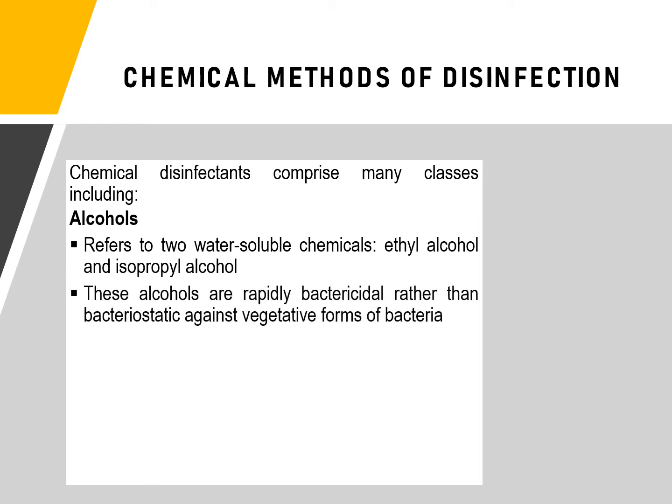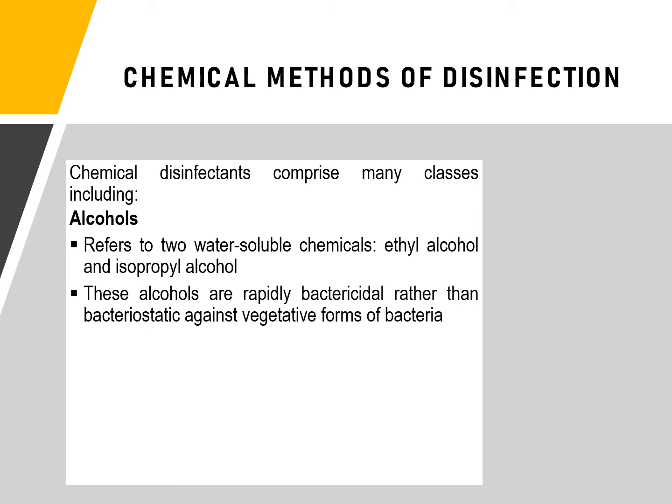Alcohols are rapidly bactericidal rather than bacteriostatic against vegetative forms of bacteria, which means that if you pour alcohol on your hands, any microorganisms present on your hands, especially the vegetative forms, are easily and automatically killed by the alcohol.